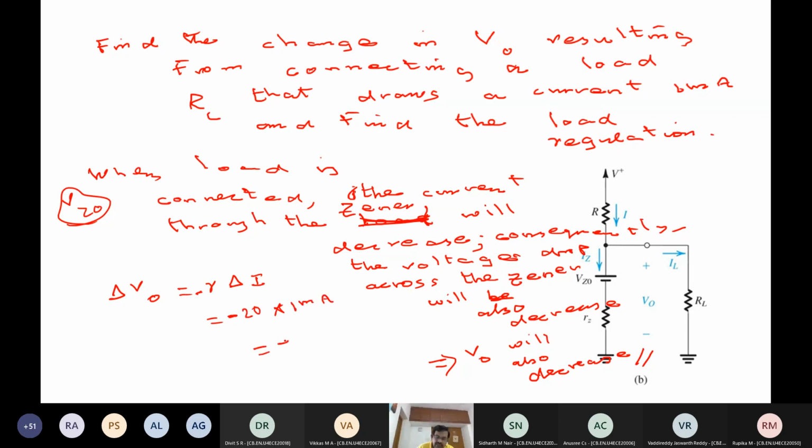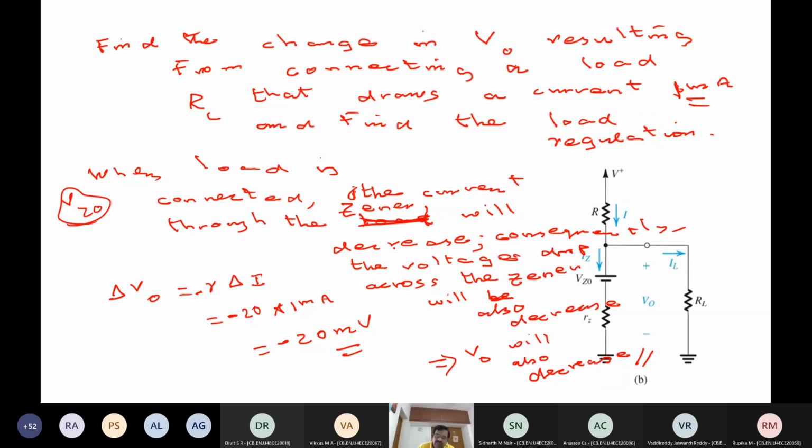So that is minus 20 millivolt. Because we are talking about only 1 milliampere here, we have that much decrease. If this current had been more, the decrease would be more.